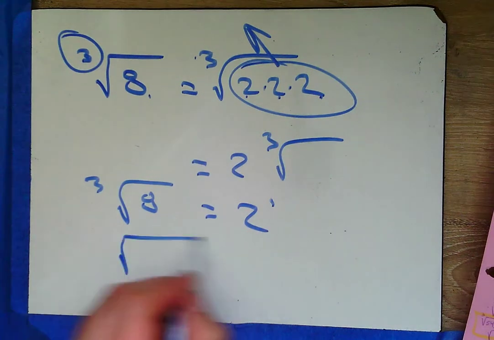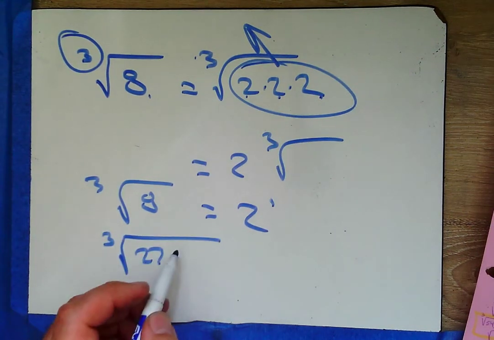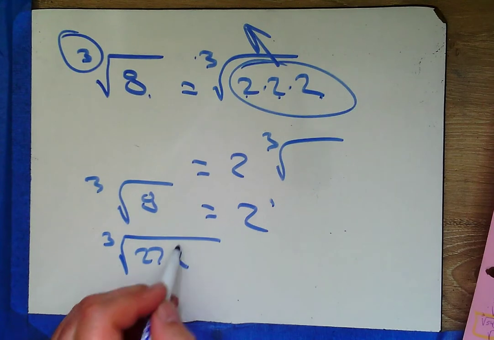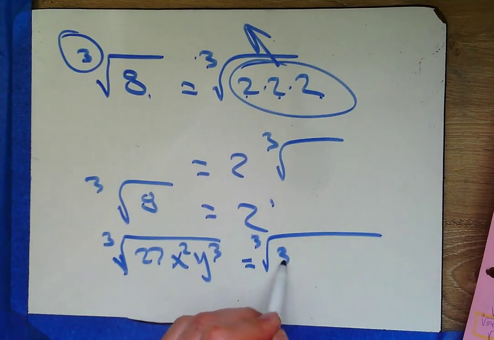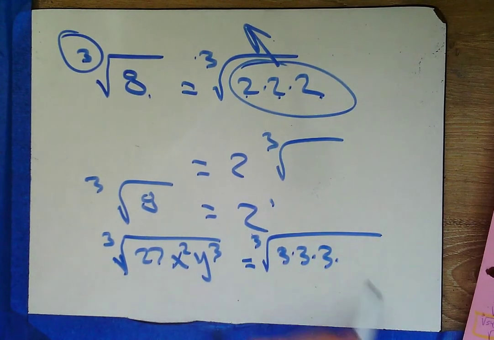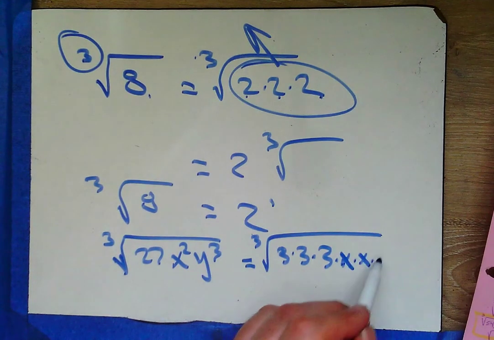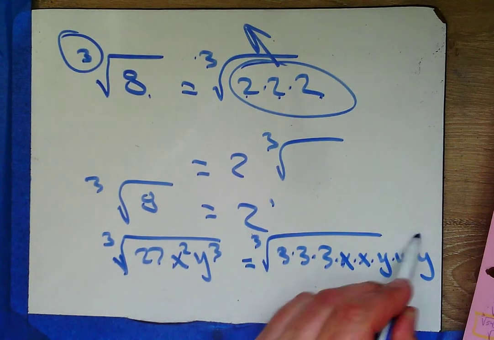What can you do with the cube root of 27 x squared y to the third? Please simplify that expression. Okay, so we know that's 3 times 3 times 3 times x times x times y times y times y.